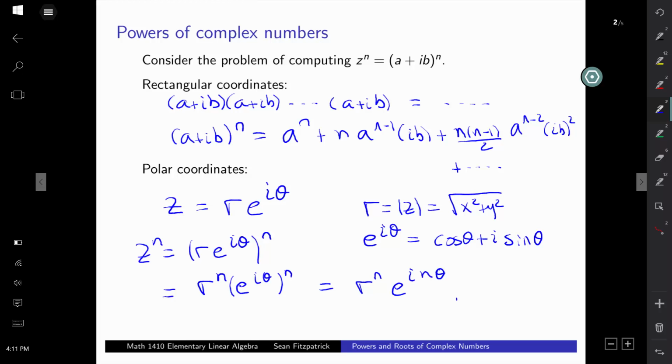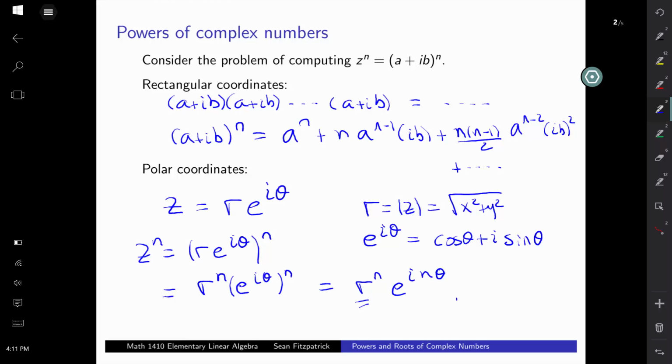If we know the values of r and theta, now r is a real number, so r to the n is just a real power. And here we're just doing a multiplication: we take whatever the value of theta happens to be and multiply by this power n.